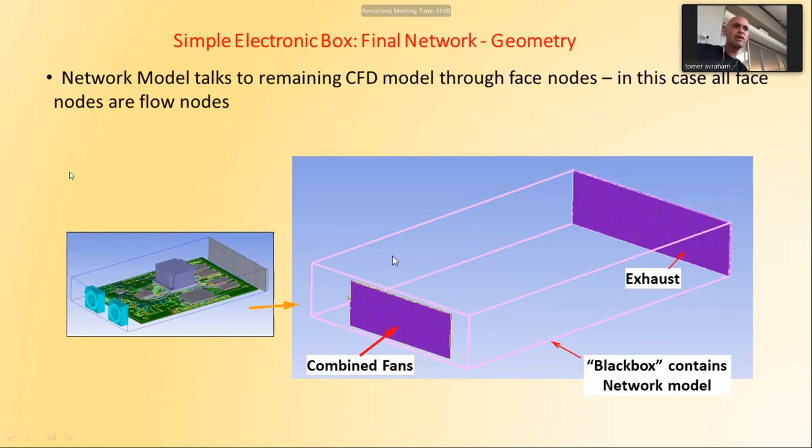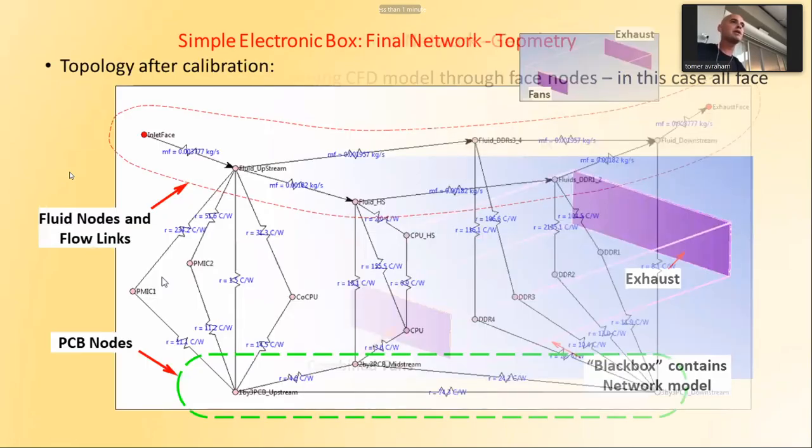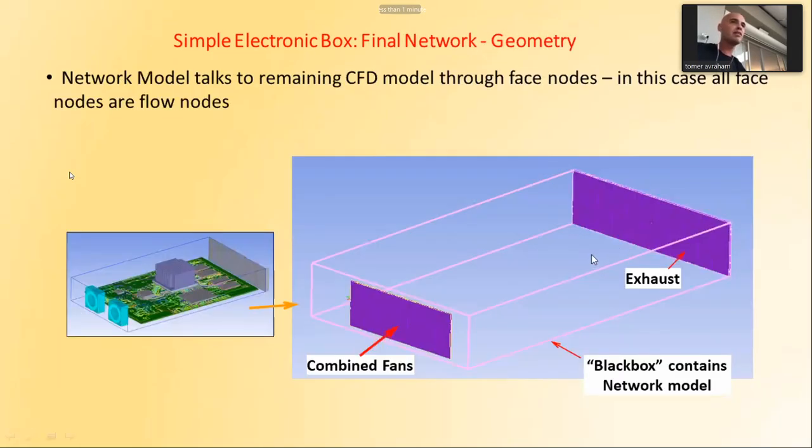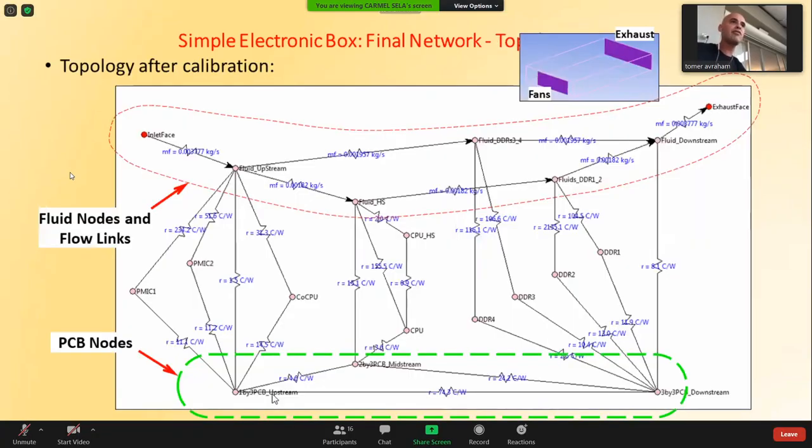Okay, so what we have here is combined fans, which get boundary conditions, and an exhaust, which is a grill, a kind of boundary condition, a kind of pressure jump. A black box, which contains the network model that we extracted by using this procedure of optimization over many boundary conditions. And this big thing here is represented by nothing but boundary conditions and a black box, which is a kind of Delphi model.